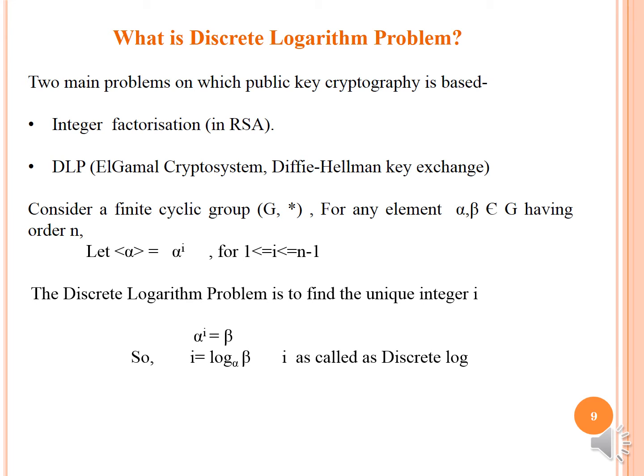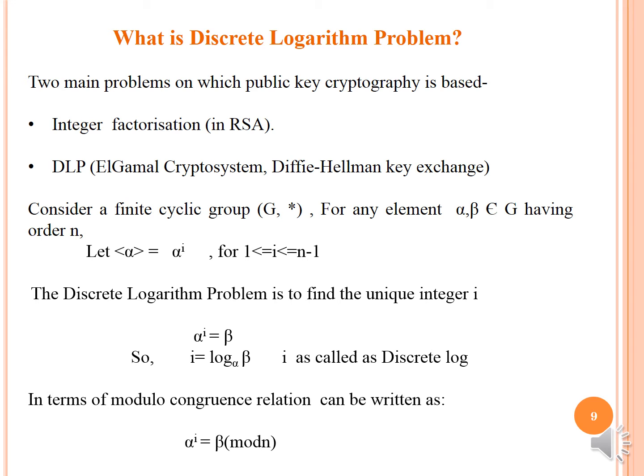So the value i equals log beta to the base alpha, and i is called the discrete log. In terms of modular notation, we can write it as alpha^i equals beta mod n.